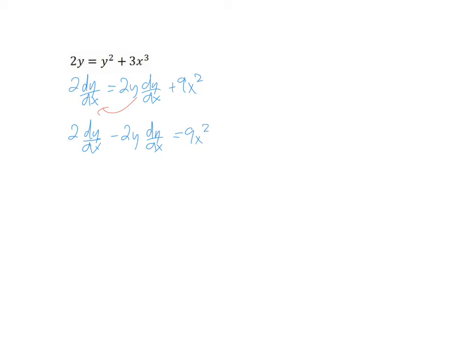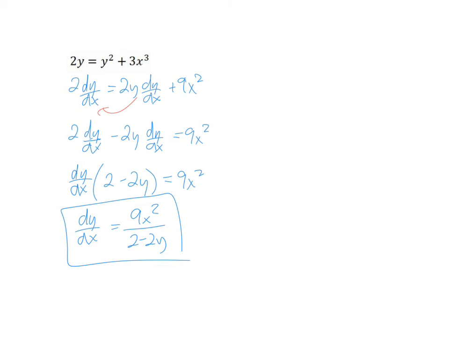Then we want to factor out a dy/dx. Remember, dy/dx is a slope, so we can treat it like a variable, just factor it out. So you'd have 2 minus 2y left over, and then divide those brackets, and we're finished. So you'd have 9x squared divided by 2 minus 2y. And we're done. So often, quite easily, the implicit will be a quicker, easier way to go than trying to do it any other way.